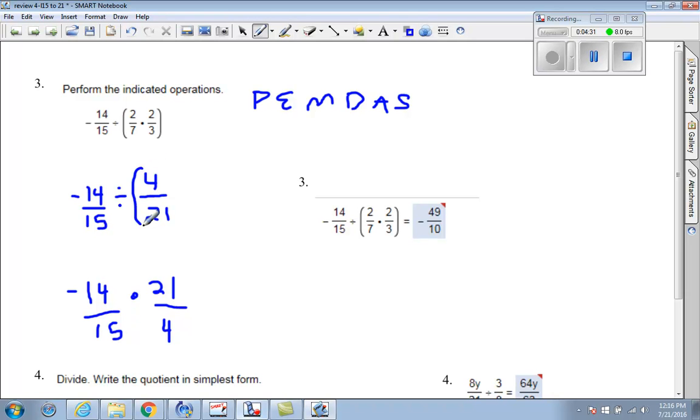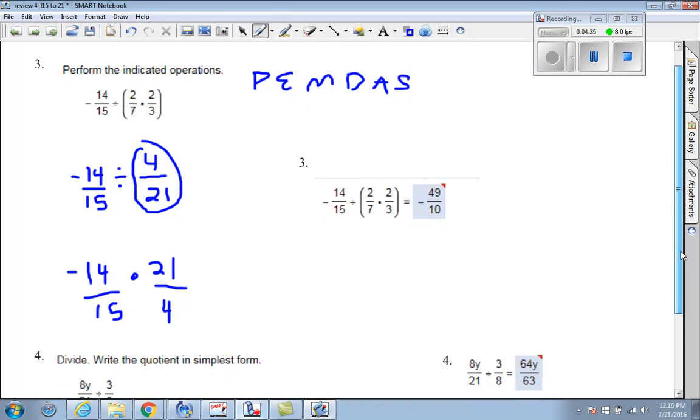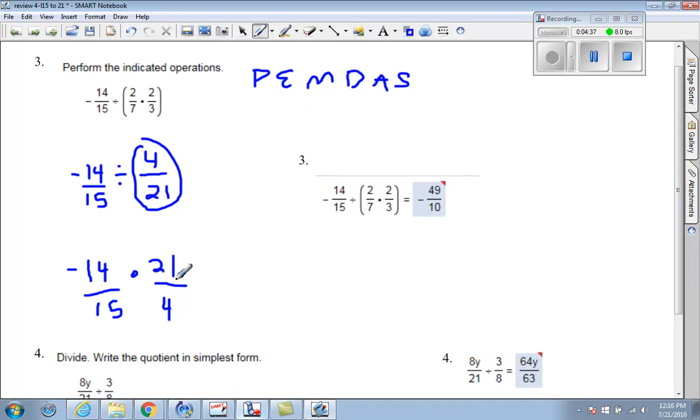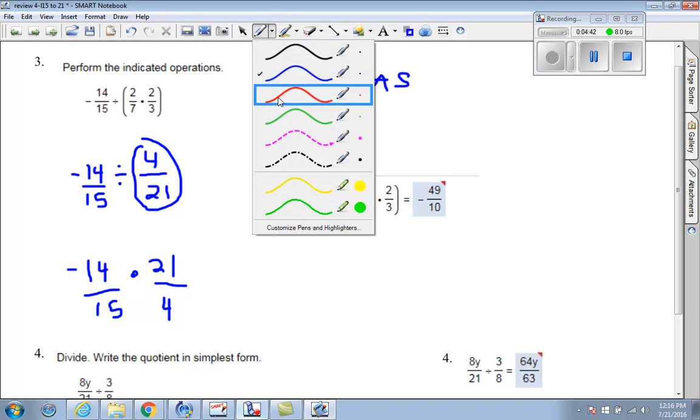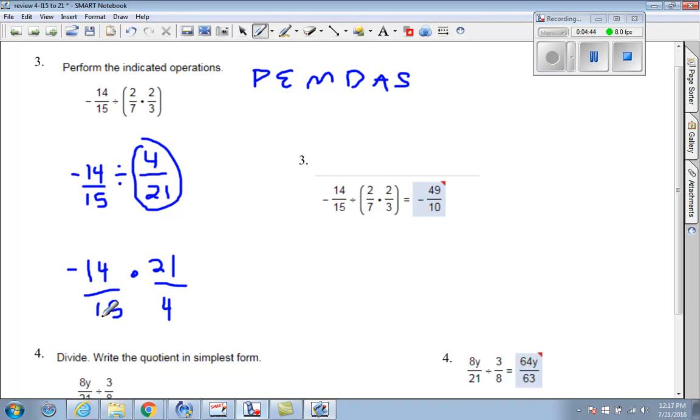So we know that this is the fraction that gets flipped, as we see. Now we could travel straight across and get big number on top of big number, or like I said, we could look for cross cancellation. I'm going to go in faith that you're getting comfortable with cross cancellation. 3 goes into 15 5 times. 3 goes into 21 7 times. 2 goes into 4 twice.